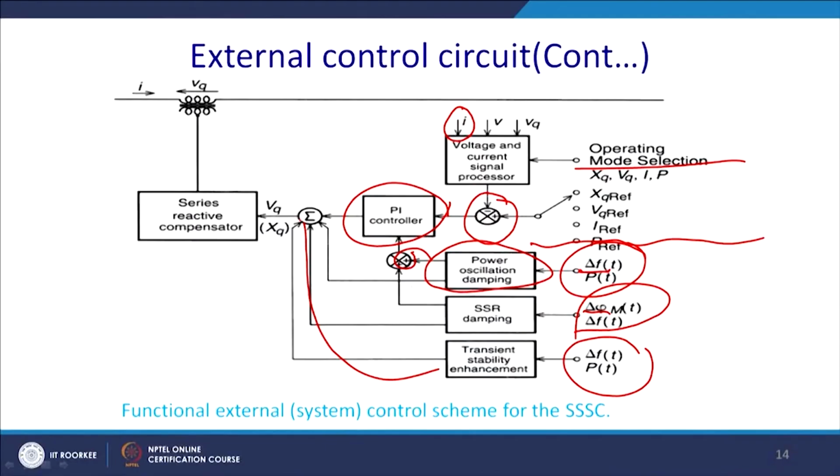Then you have to enhance the transient stability. If a transient is present, you need to increase the power handling capability of the line, and for this reason these blocks add directly to the summer. There is no input to the PI controller. So it will increase the overall power handling capability of the line, or change it if the power demand is sinking.